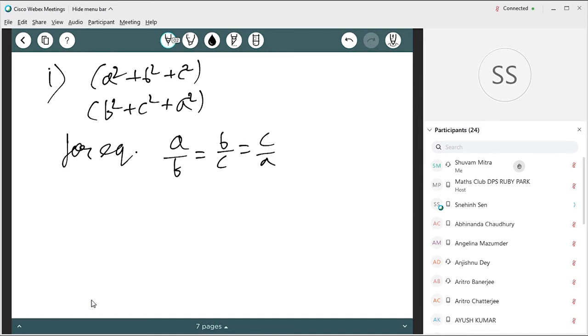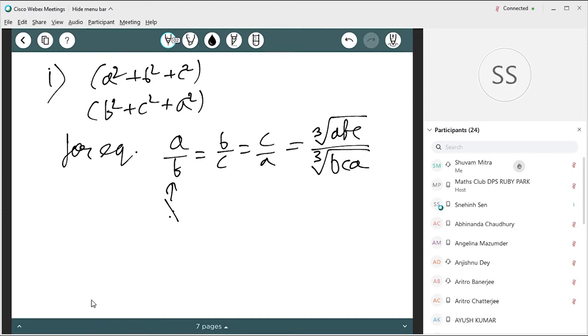So can you show that this is equal to cube root of abc by cube root of bca, just by using these ratio properties? Assign this to be lambda, then this is also lambda, this is also lambda. Show that this is also lambda, just using properties of surds.